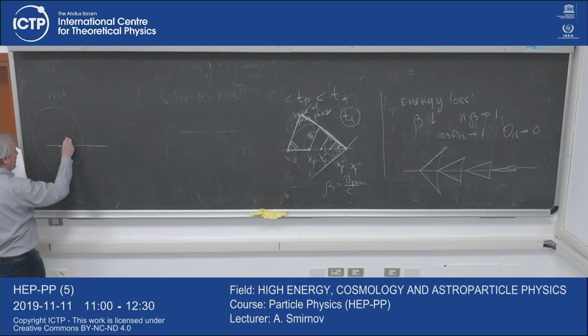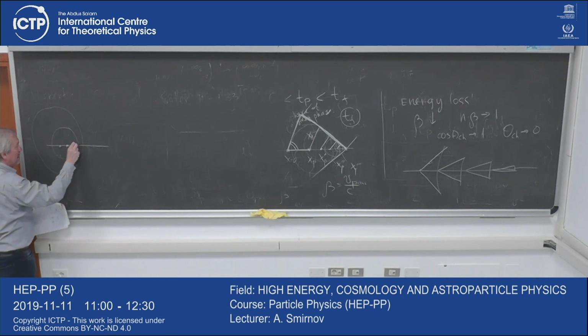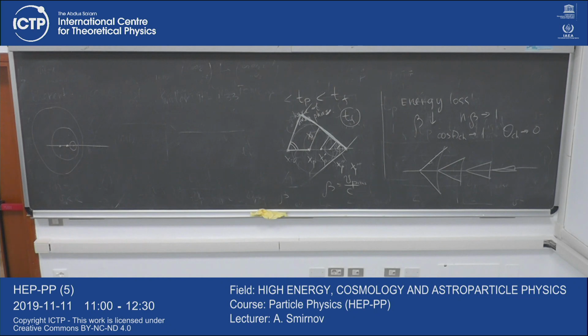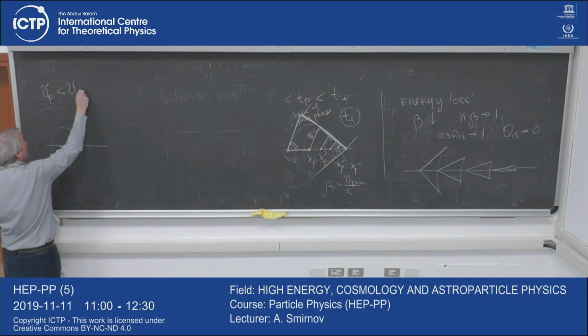Then when the particle is here, it produces a sphere of this type. Since the particle is moving slower and light moves faster, when it is here, it produces something like that. And you never form the front because these emitted spheres are inside one another. So this is the situation when the velocity of the particle is smaller than the phase velocity of light.